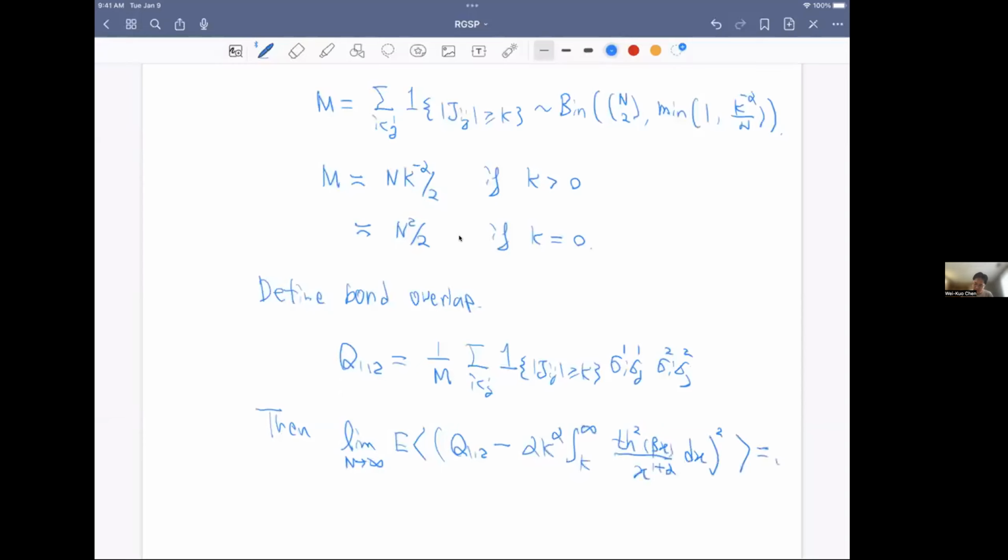This guy is equal to 0. So what it means is that this bound overlap, you look at the average similarities of the spin configurations on the given edges with the heavy weights, and you see that this quantity is concentrated at a deterministic constant. This is a deterministic constant.